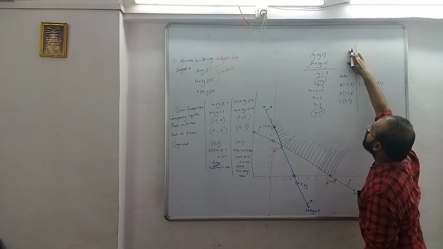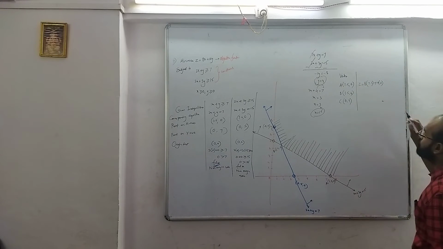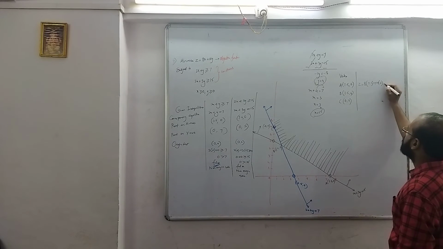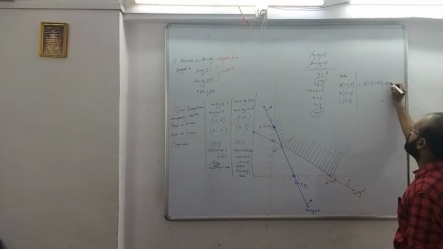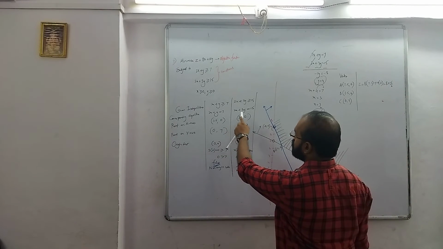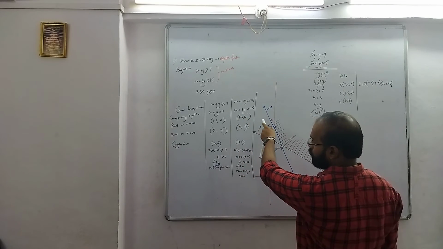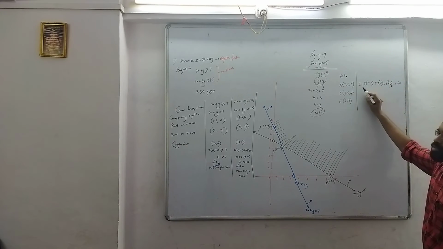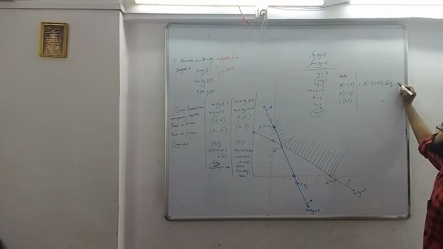If I want to make the calculation easy, I use 15 by 2, because here it was 15 by 2 only. When I put y as 0, x is 15 by 2. So 2 fours are 8, 15 fours are 60. Or else you can multiply this, you will still get 60 only.